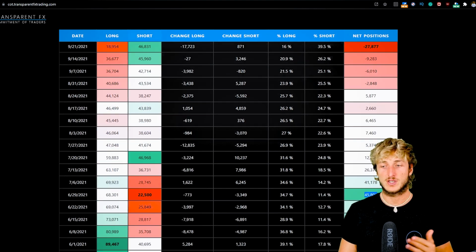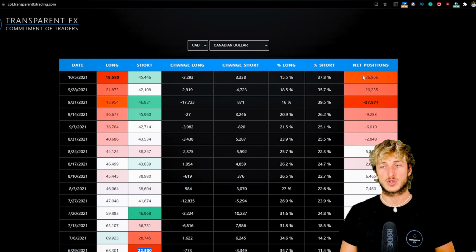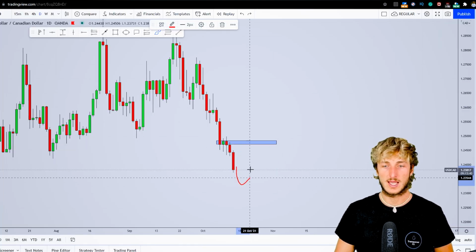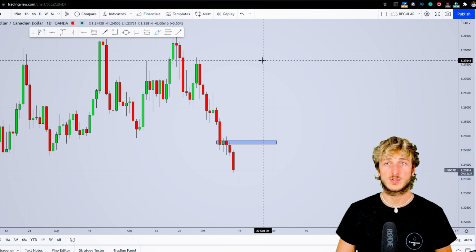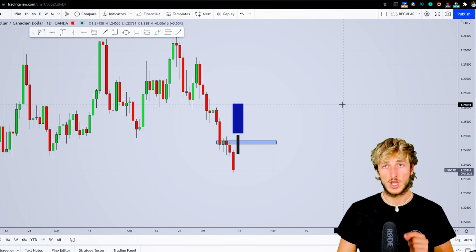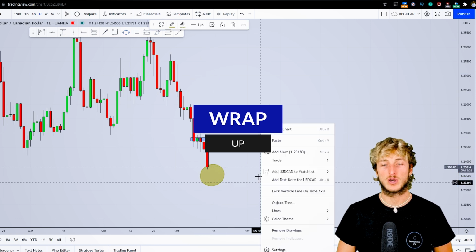We went from having a positive 45k net positioning with 68k longs and only 22.5k shorts, all the way down to having a massively negative net positioning with minus 26k net positions and 3.3k shorts added with the last report and 3.2k longs getting closed, bringing this at 45k shorts and 18k longs, making the CAD quite weak, which means that USDCAD could easily create this rejection to the upside and complete the weekly M pattern and test this daily supply.